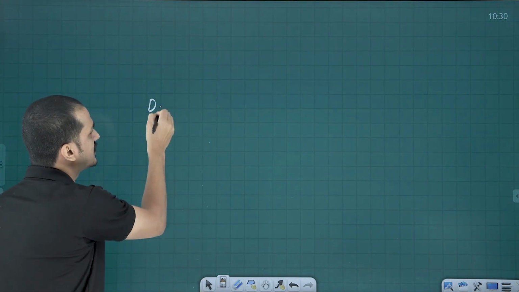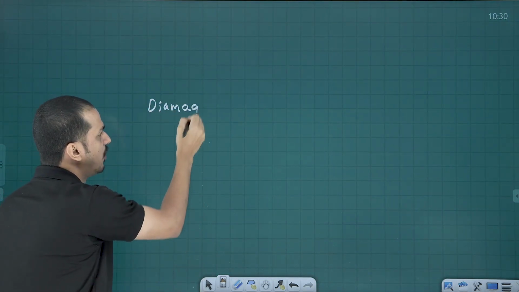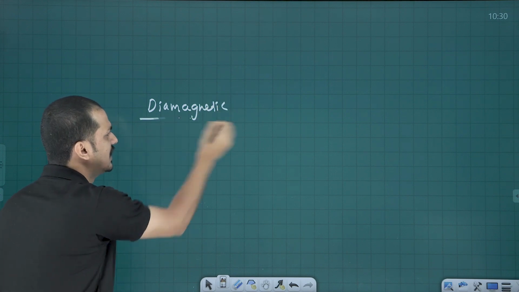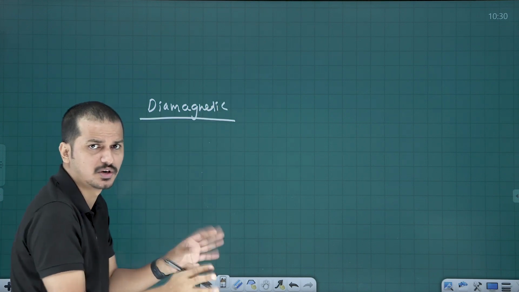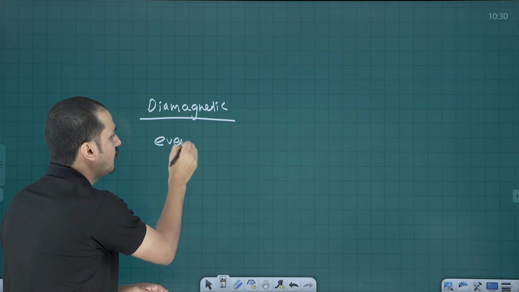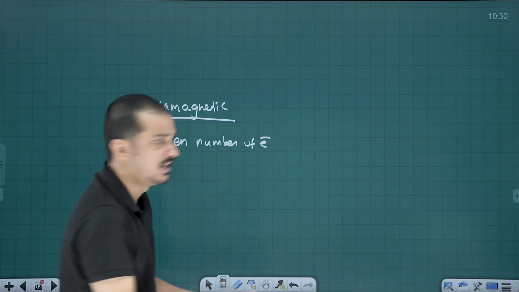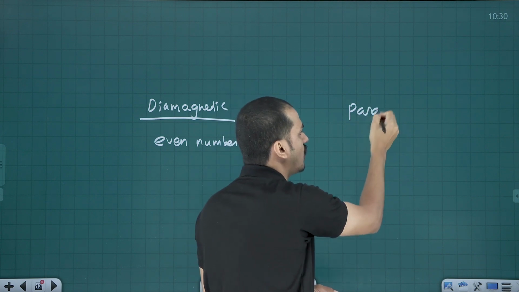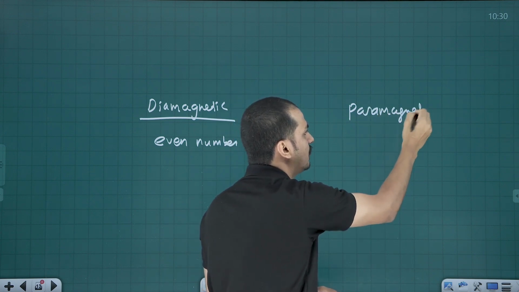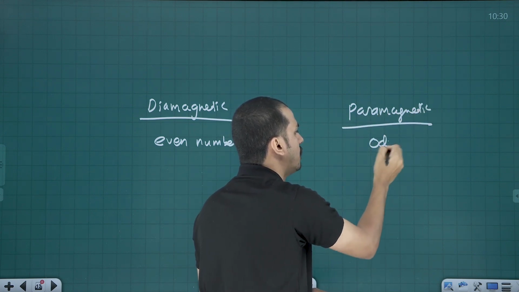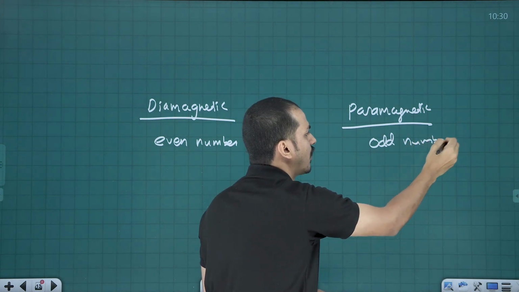If the molecule is diamagnetic, it should contain an even number of electrons. That's the idea. If it is paramagnetic, what's the shortcut I told you? Paramagnetic means it should contain an odd number of electrons.